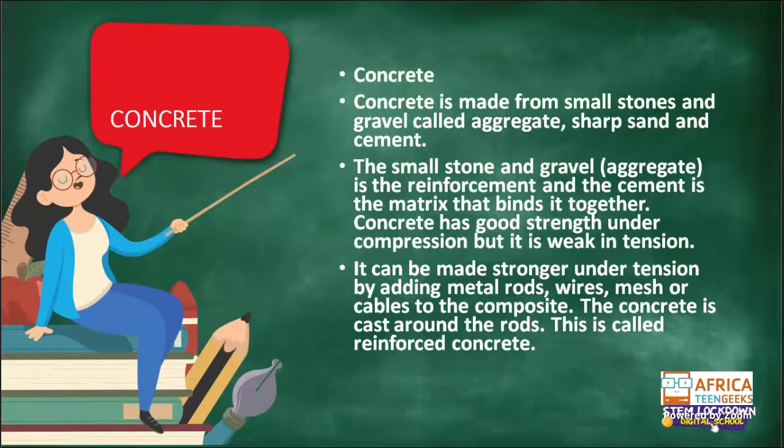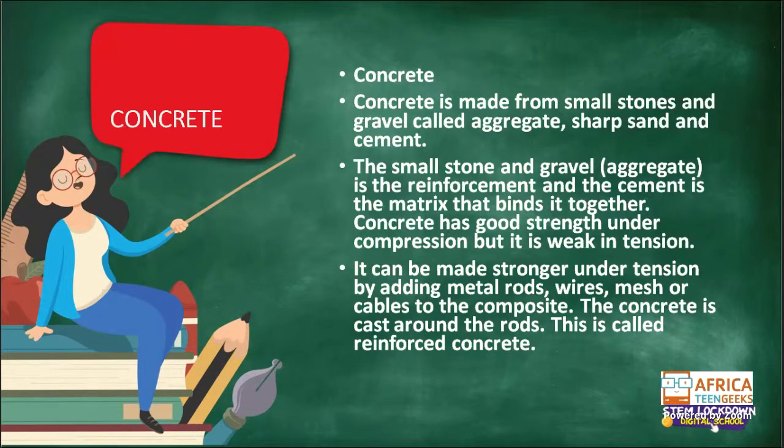Now, another component of structural reinforcement can be concrete. Now, concrete is made from what? Small stones and gravel called aggregate, sharp sand and then what? Cement. Now, the small stones and gravel called aggregate is the reinforcement, and the cement is the matrix that binds it together.